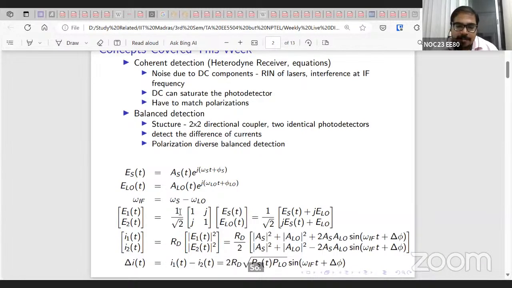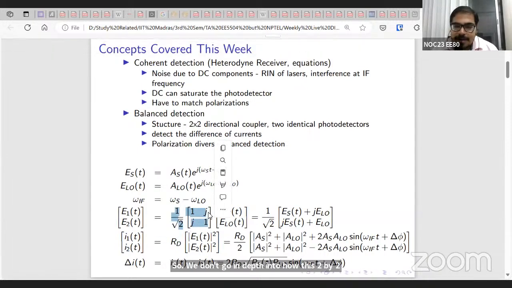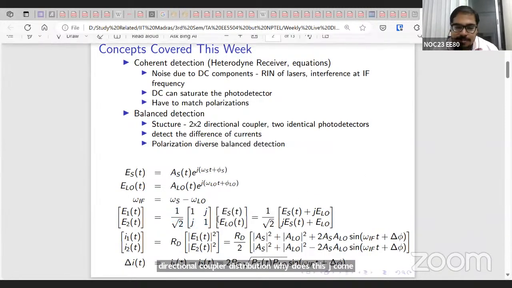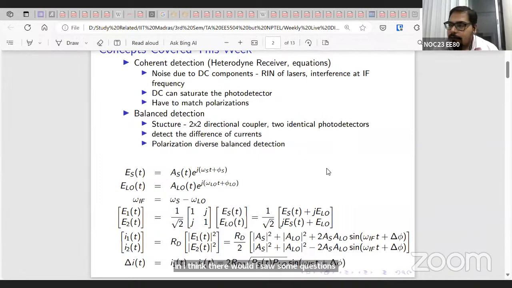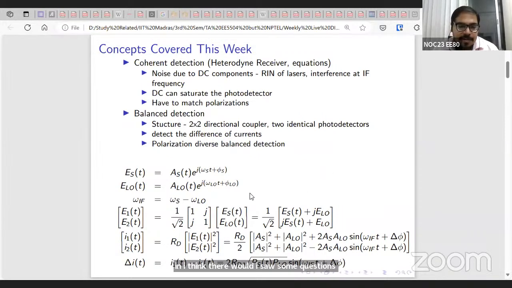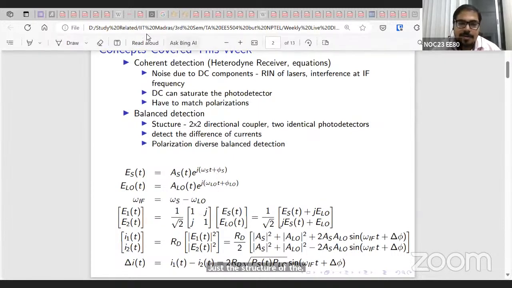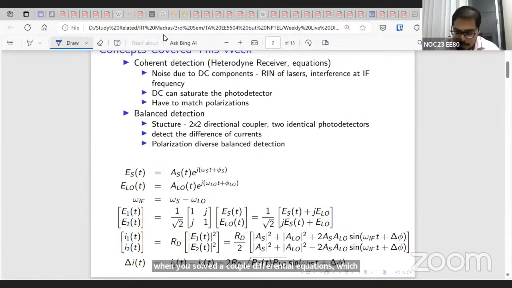We don't go in depth into how this 2x2 directional coupler equation works, or why this J comes in. I think I saw some questions, I'm not sure whether it was in the forums. This J comes from just the structure of the directional coupler. When you solve the coupled differential equations, which is out of scope of this course, we have directly given you this matrix.